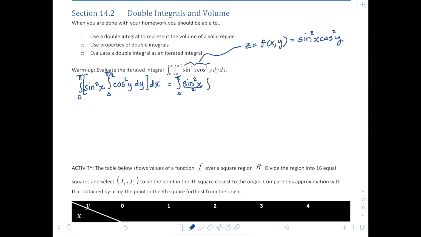And then I'll have the integral from 0 to pi over 2 of quantity 1 plus cosine at 2y with respect to y. And then this whole thing, of course, I will have to integrate with respect to x.